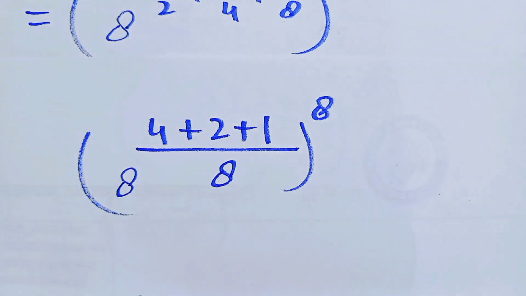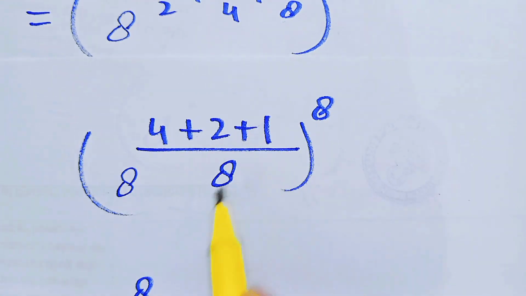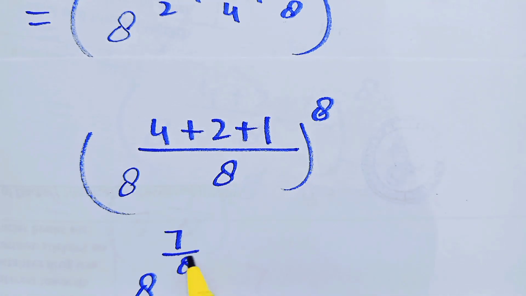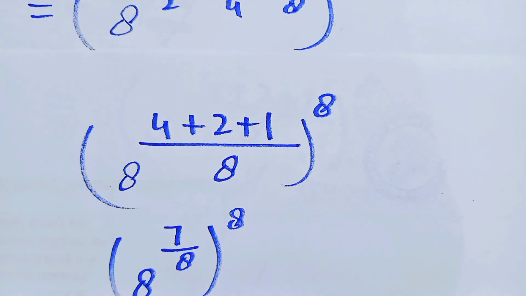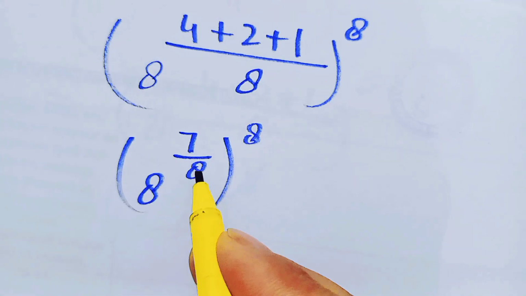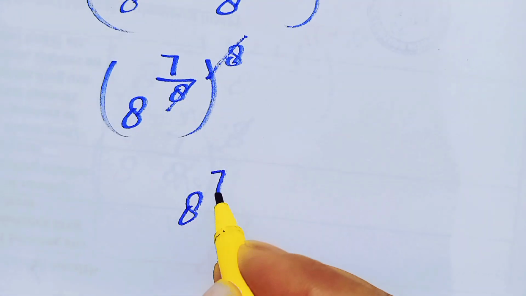Now here 4 plus 2 plus 1 is equal to 7 over 8, and the whole to the power of 8. Now this 8 cancels out this 8, and the remaining is 8 to the power of 7.